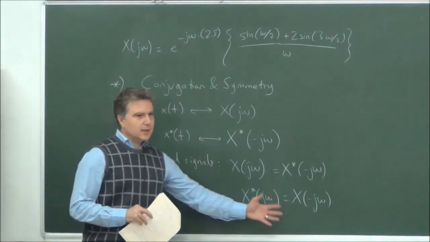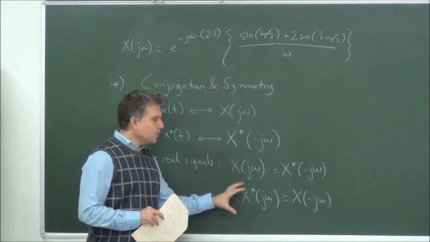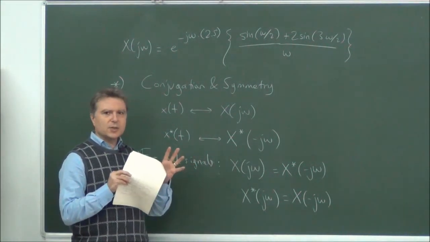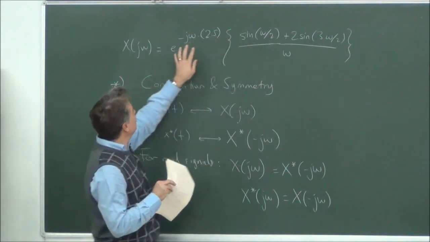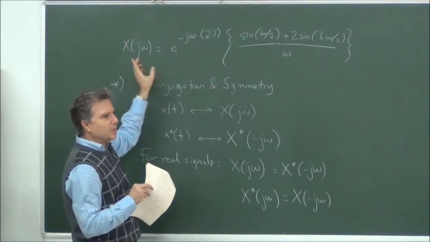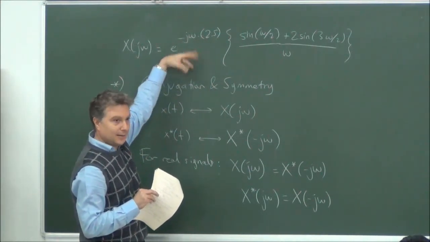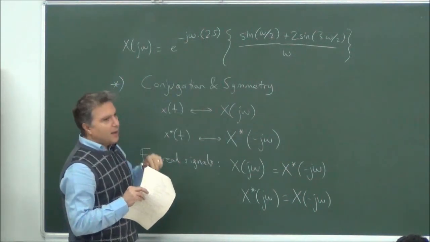What does this tell us? It is telling us that if you conjugate a Fourier transform expression, what were the Fourier transform expressions that we have already? They were mostly real, but for example, let's assume this example where it is not real. We have e to the minus j omega thing, some portion. So it is complex. X of j omega is this.